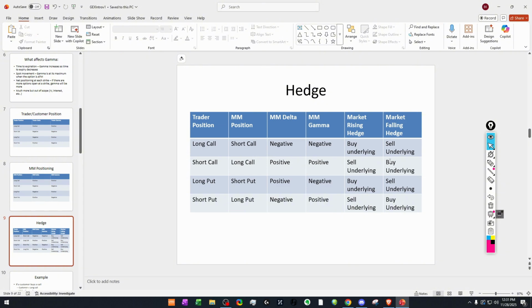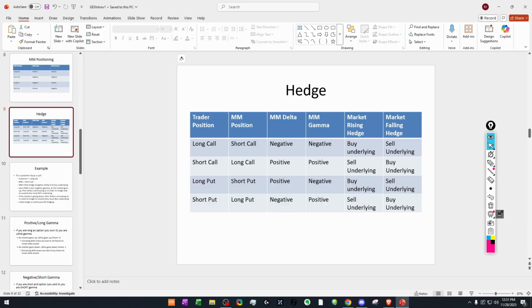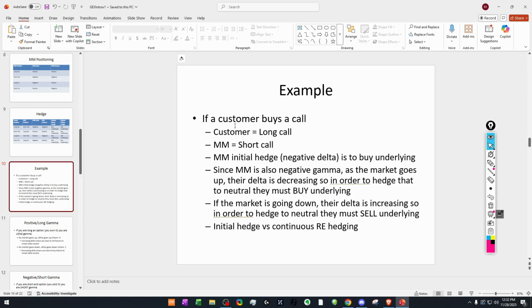If the market begins to fall, the hedge that they need to do is buy the underlying. And then same thing with if they're short put, they have negative gamma, which means they buy the underlying as the market goes up, they sell it as the market goes down. And long a put, they have positive gamma, so they sell on the way up and buy on the way down. So I'm just going to run through another example.